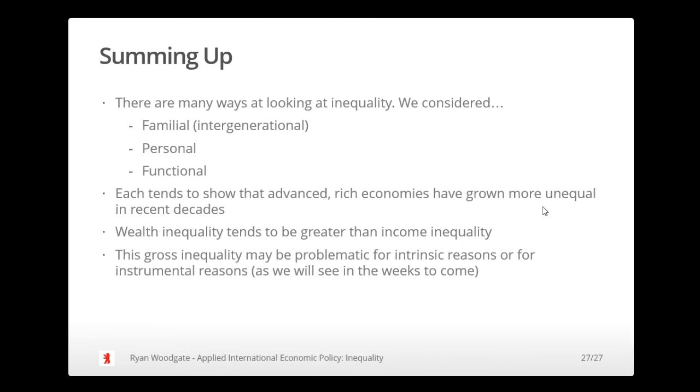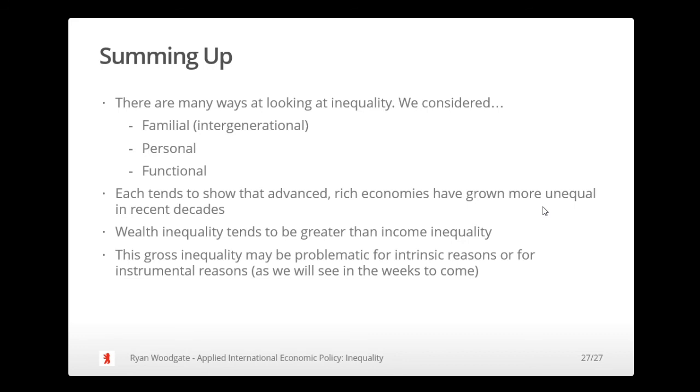But we saw the example of the UK, which was quite remarkably unequal. And generally that tends to be the rule. Wealth inequality is greater than income inequality. We have discussed how the Gini coefficient is constructed. We have discussed its limitations. And we have seen alternatives to it, like the Palma Ratio and functional income distributional measures of income inequality.